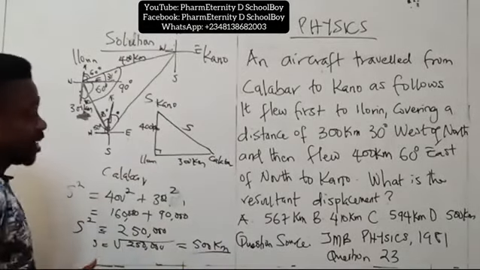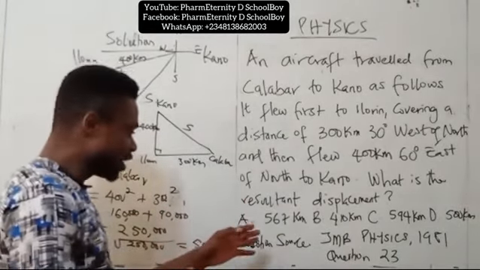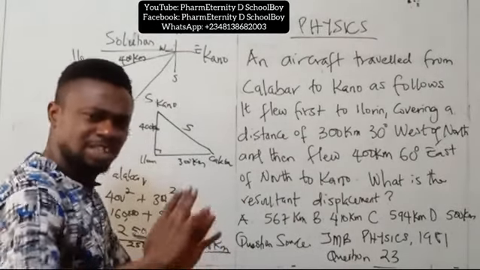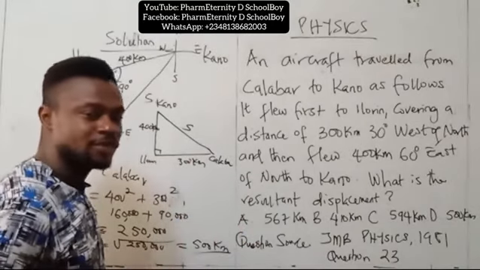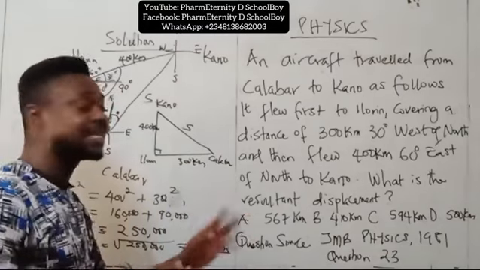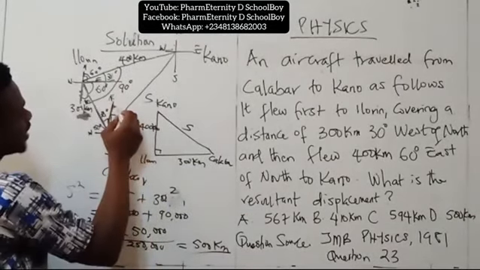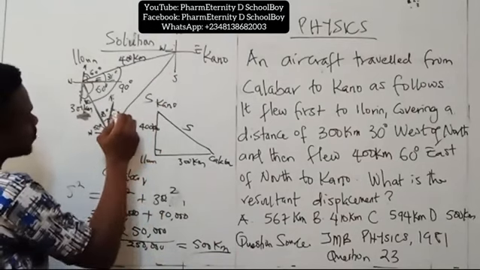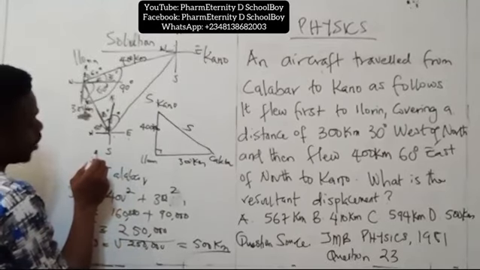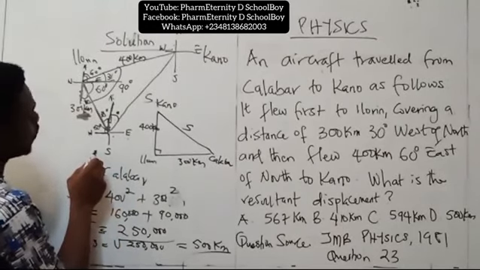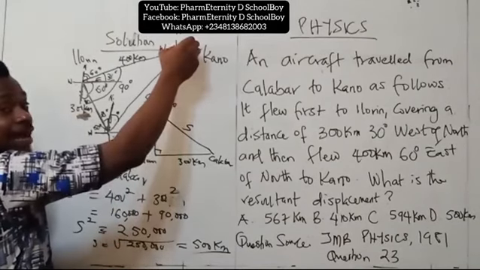But sometimes the option may include the direction and the angle, the bearing and what have you. For us to get that, we determine this angle, because the displacement is northeast of the first point of call, Calabar, where the aircraft is.